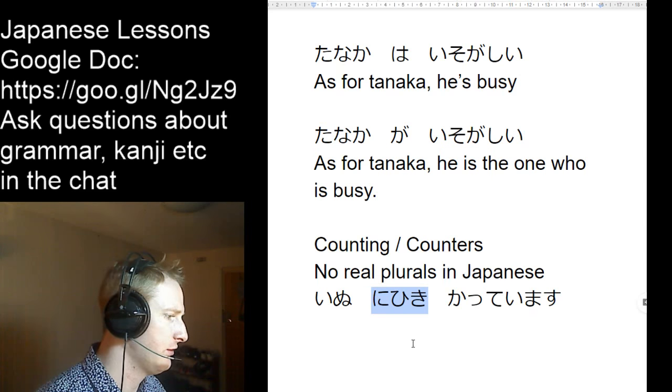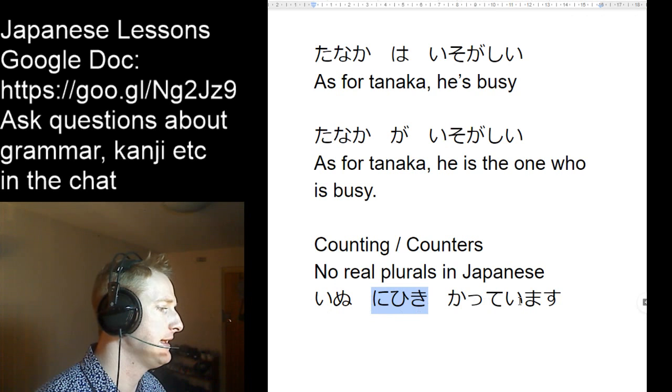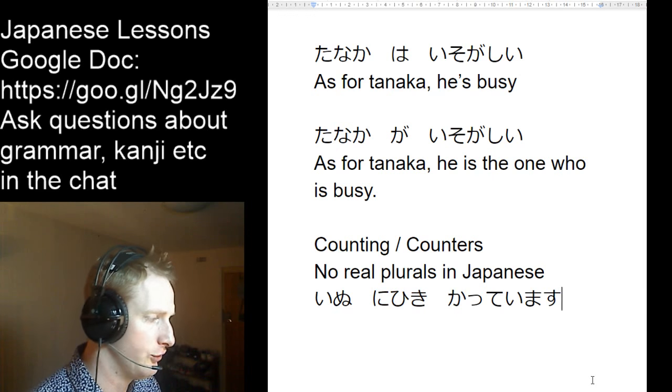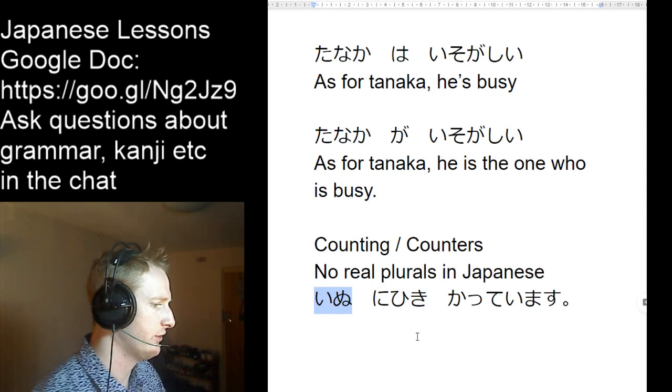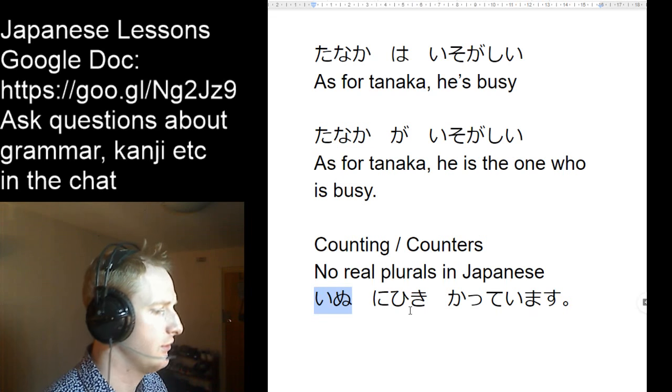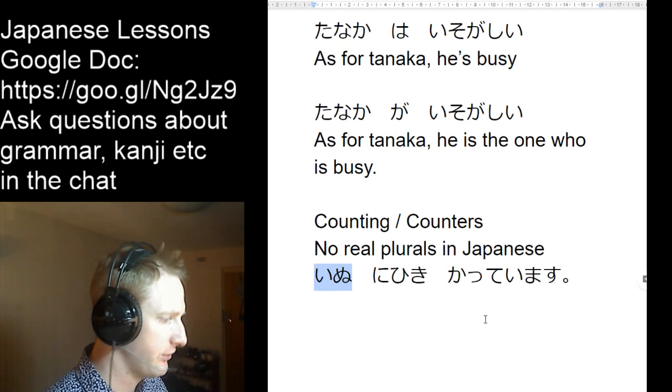But this means two animals, basically. So for the plural, nothing happens here. Inu still means dog. But when we say inu 2匹 飼っています, it means I have two dogs. So that s has just kind of been put in there, although inu is still the same word. So the words don't get affected by number.